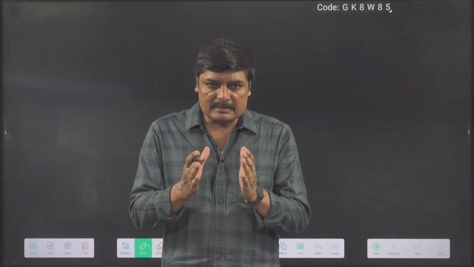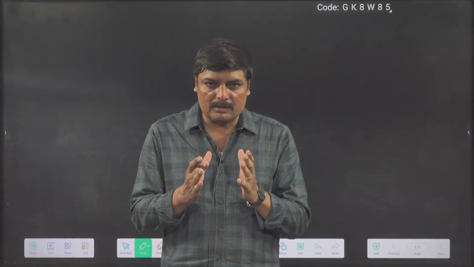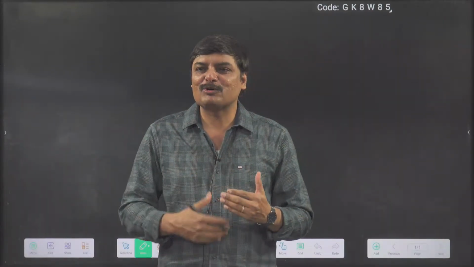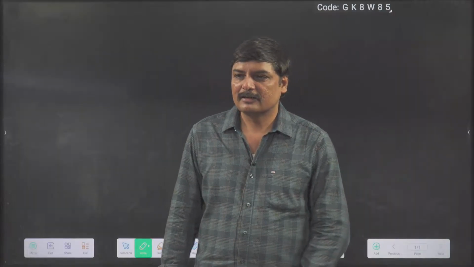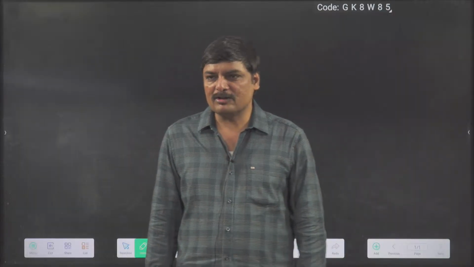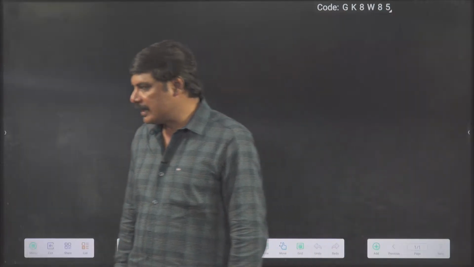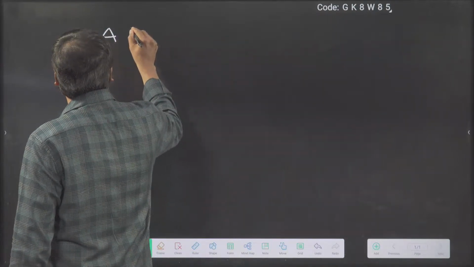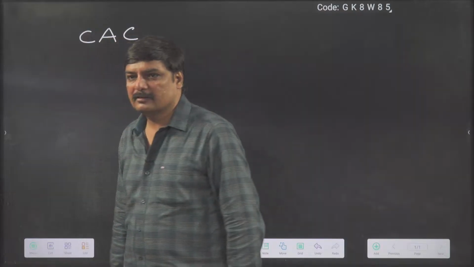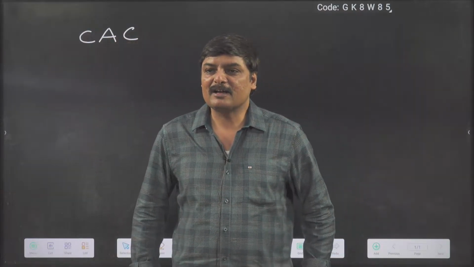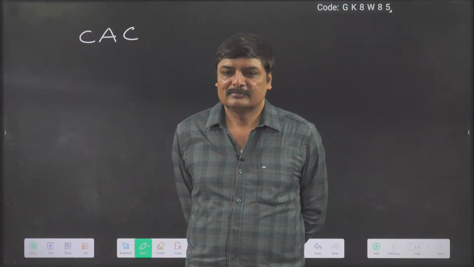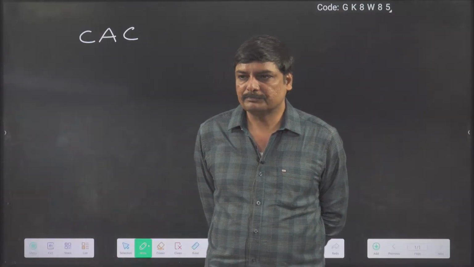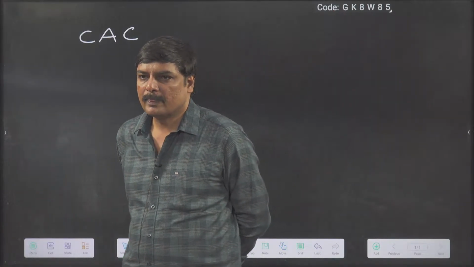As citric acid is the first product, Krebs cycle is also known as citric acid cycle, the 6 carbon cycle, because citric acid is a 6 carbon organic acid. Very good. Next.